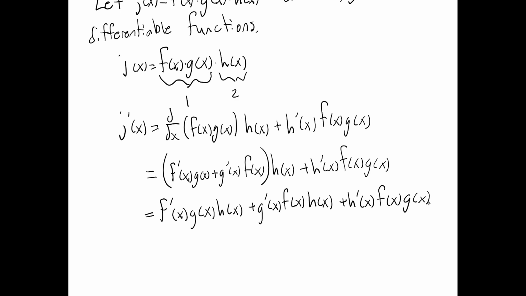So if I were to have, say, 4 functions, say f, g, h, and k of x, then we would say that's the derivative of f times GHK plus the derivative of g times FHK plus the derivative of h times FGK, and then plus the derivative of k times FGH. And so we just sequentially move the derivative through, if you will, and we can extend this product rule.